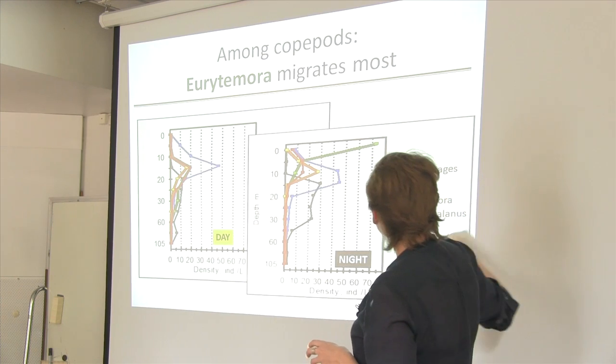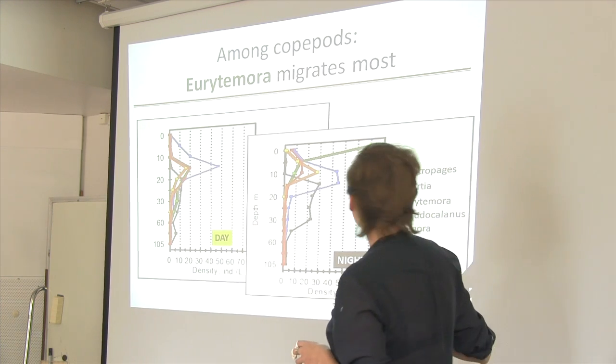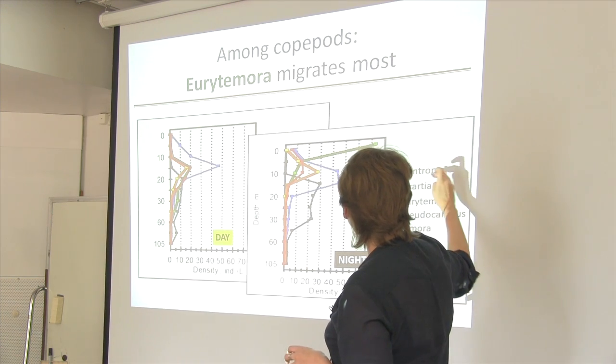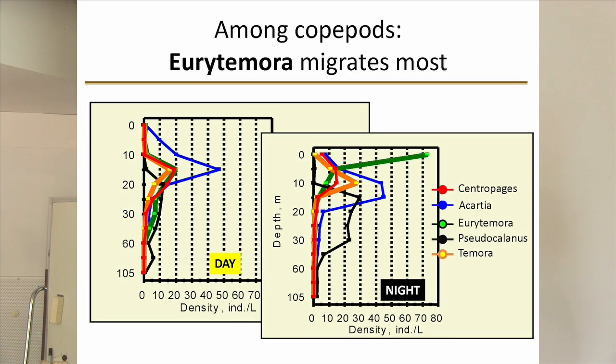So those are the copepod species that we had at the time of sampling, and the day and night distribution. Five species: Centropages, Acartia, Eurytemora, Pseudocalanus, and Temora. Among all the species, Eurytemora, the green one, actually shows the most difference between the night distribution and day distribution.